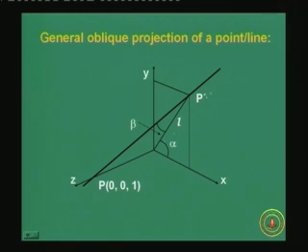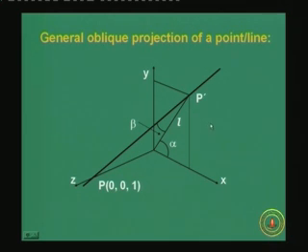The entire line will project into a line joining the origin O, which is the intersection of the three principal axes x, y, z, to the point P prime. This line, marked as italicized L, is the projection of the thick 3D line onto the projection plane. Remember, it is an oblique projection, and that line L makes an angle alpha with the x axis. It also makes an angle beta with the line in 3D. So this is the oblique projection of a point or a line.